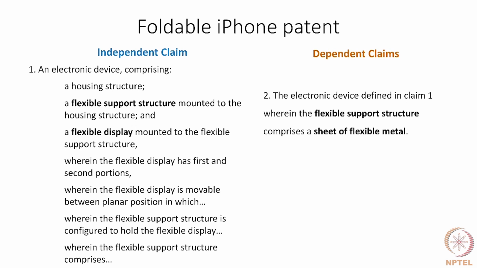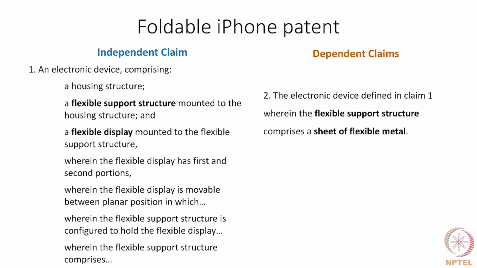Now this brings a limitation to the claim. So the independent claim did not have a restriction on what kind of flexible support structure, that it has to be a metal, whereas the dependent claim, because it's based on claim 1, the independent claim, can introduce a limitation as to what the flexible support structure should comprise of. It comprises a sheet of flexible material.